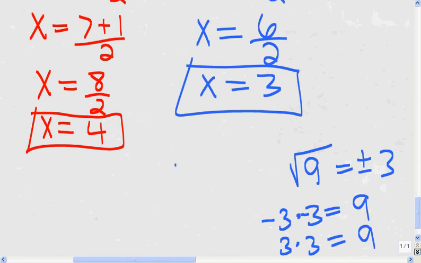Remember, the square root sign means that you have to find the square root of a number. In other words, find the number that when you multiply it times itself gives you the radicand, because that's what the number is called. The number under the radical is called the radicand.